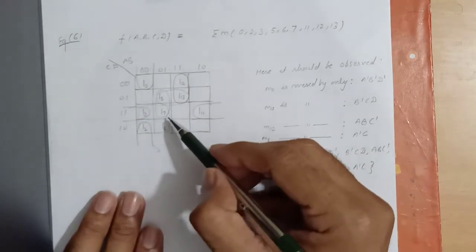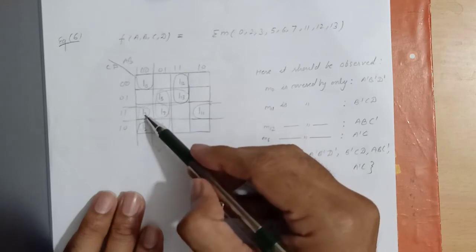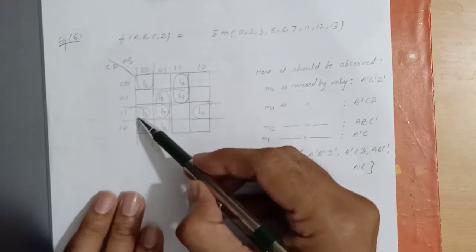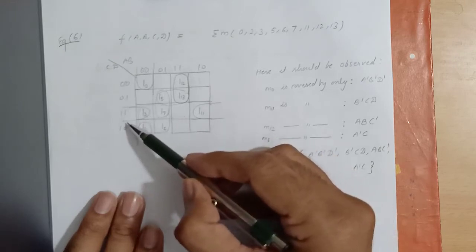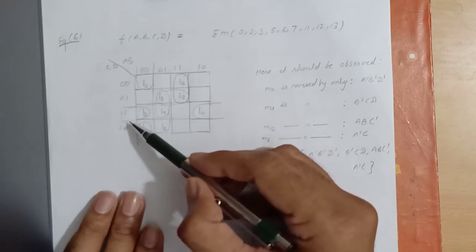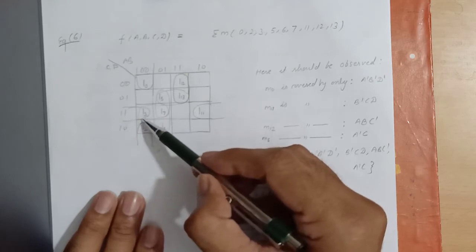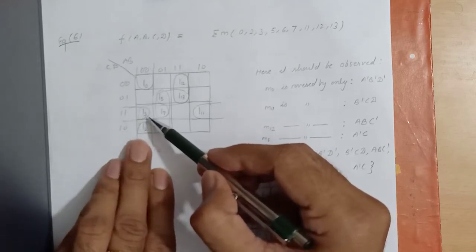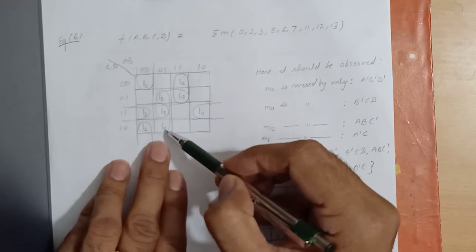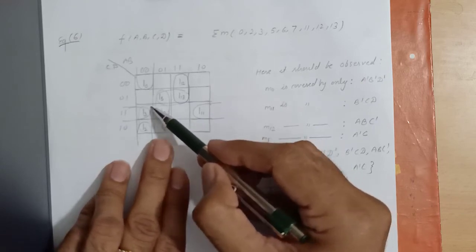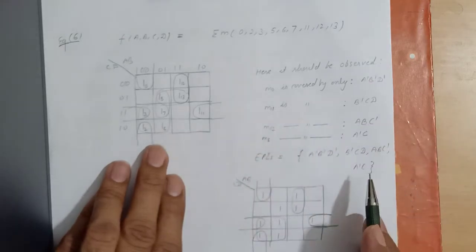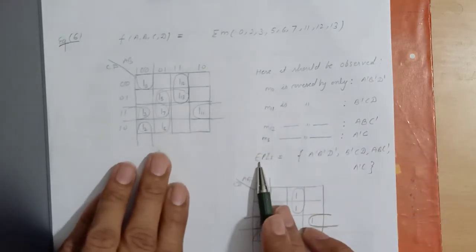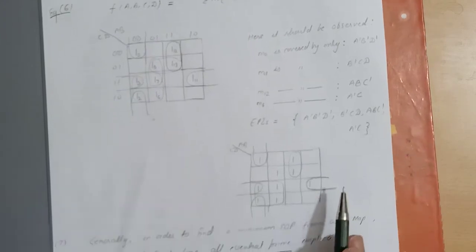Okay, if we look into the map, this is covered by two prime implicants, one this and another is this. So we cannot say anything about this because of M6. We can say that this is the essential prime implicant. Okay, so these four are essential prime implicants.